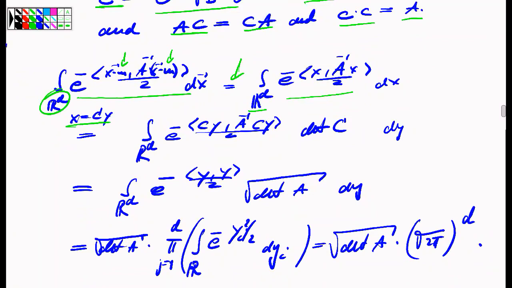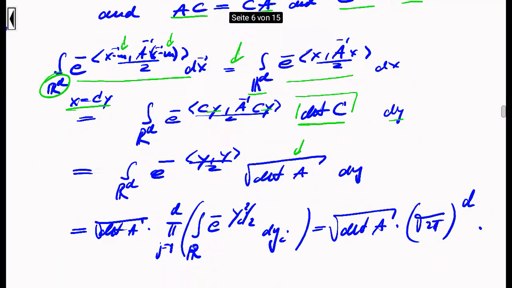And the second coordinate change that I do now is that I write x as C times y, where C is this square root of A. And this gives me a new integration variable y. And of course, at the expense of a functional determinant, which here, since it's a linear change of coordinates, is just the fixed determinant of C, which is of course the square root of the determinant of A.